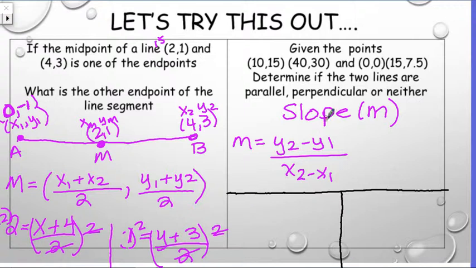So here I want to do this first one. So I want to say (10, 15) and (40, 30). X1, Y1, X2, Y2.